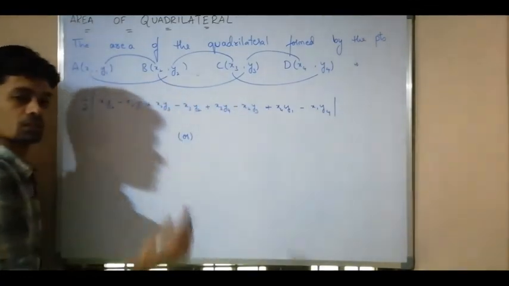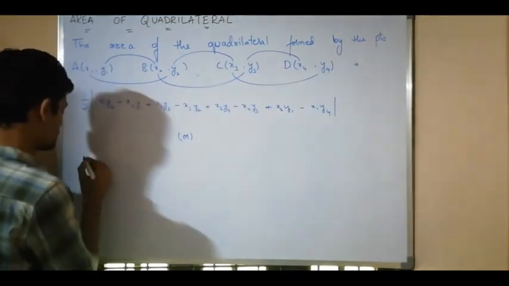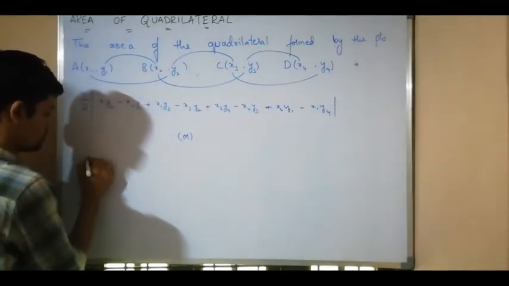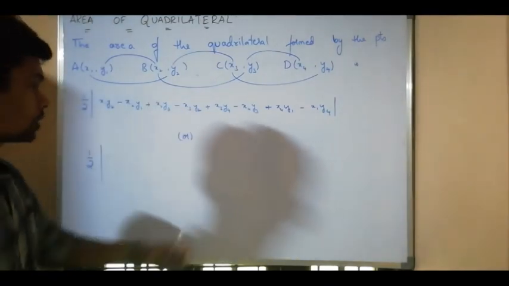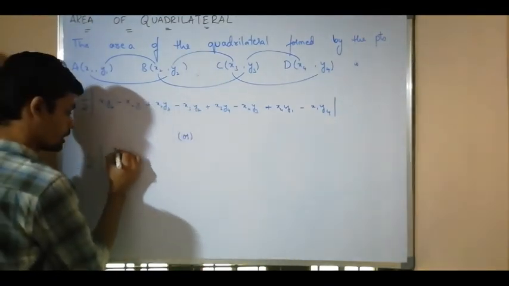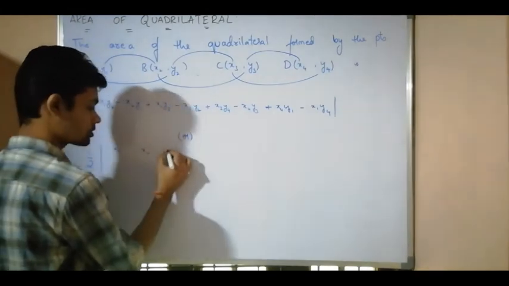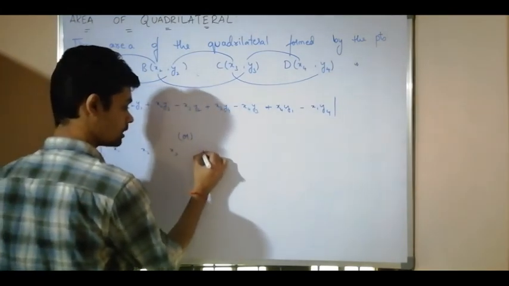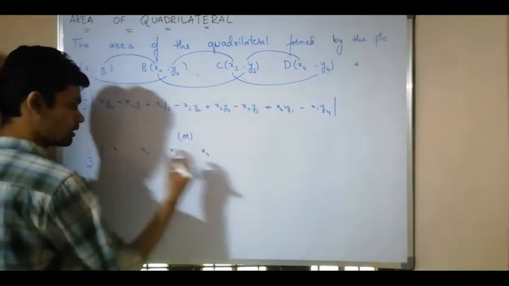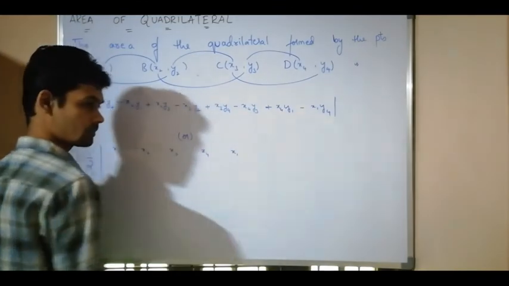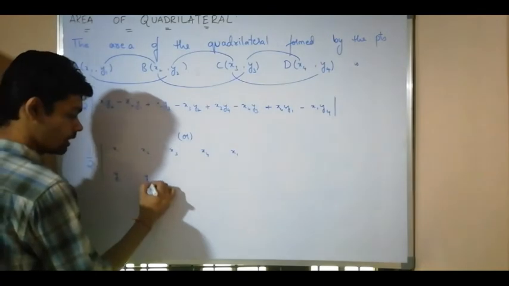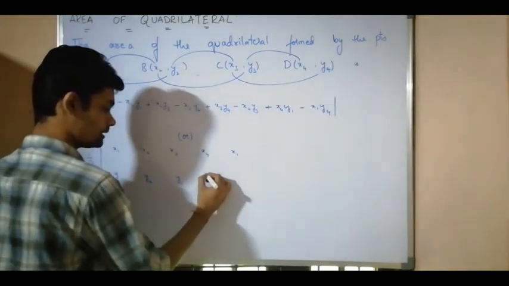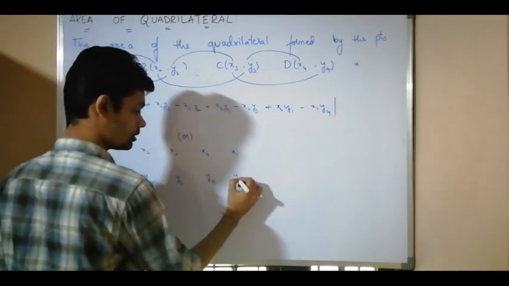as we have discussed in the area of a triangle formula, that is half modulus of, write down first all the x coordinates, x1, x2, x3, x4, again the first coordinate x1. Similarly y coordinates, y1, y2, y3, y4, y1.